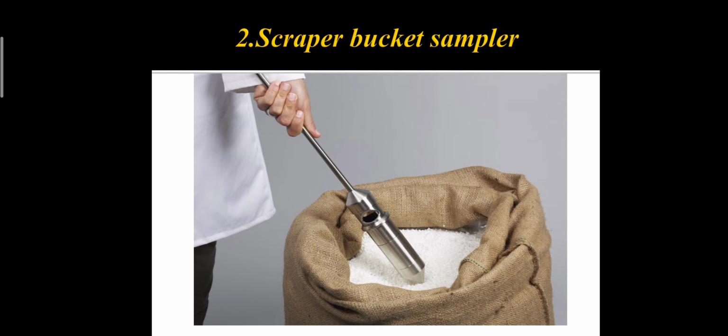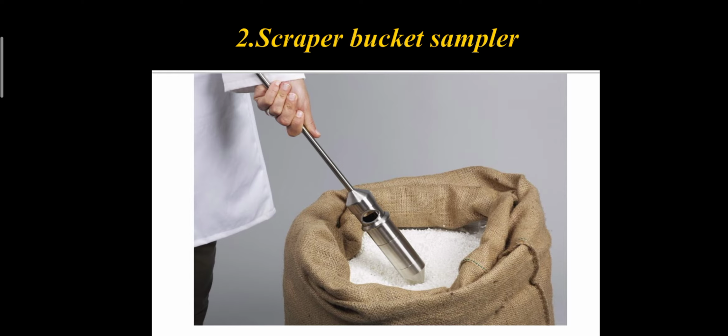Second type is scraper bucket sampler. As you can see, this scraper bucket sampler is not only used for collecting soil samples, it is used in collecting food samples also. Food industries la food samples collect பண்ணவும் யூஸ் பண்ணுவாங்க. In what kind of cases is scraper bucket used?